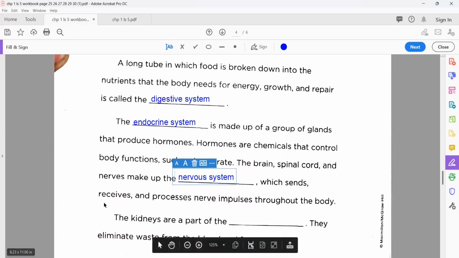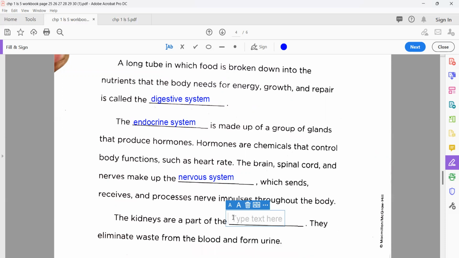Which sends, receives, and processes nerve impulses throughout the body. The kidneys are a part of dash. You know that they filter the waste things that are not important for the body, sometimes poisonous. So only to get rid of these things, there are the kidneys.